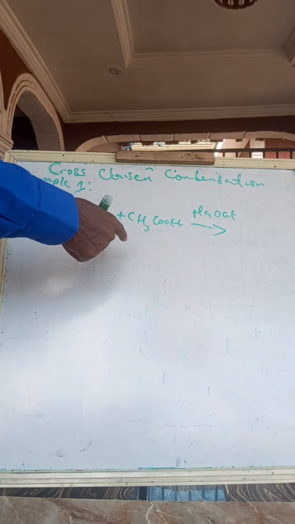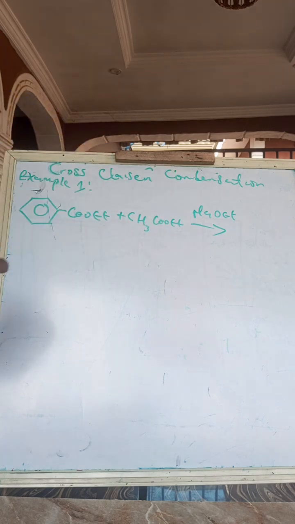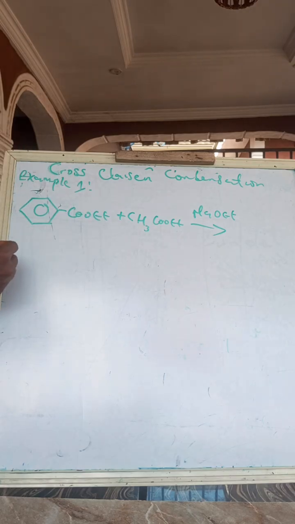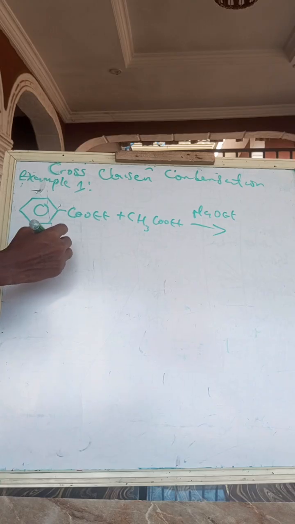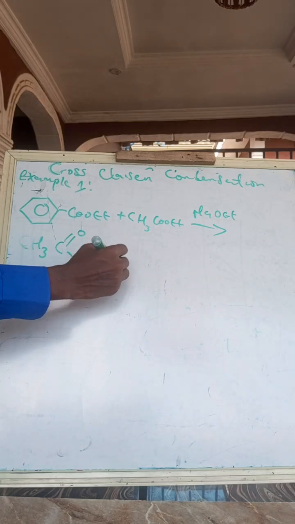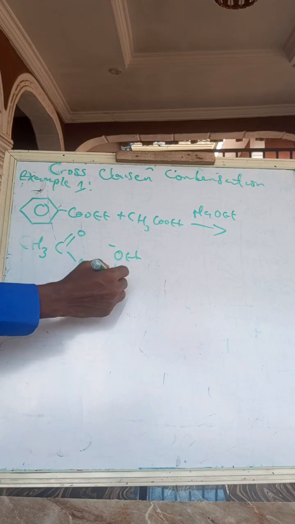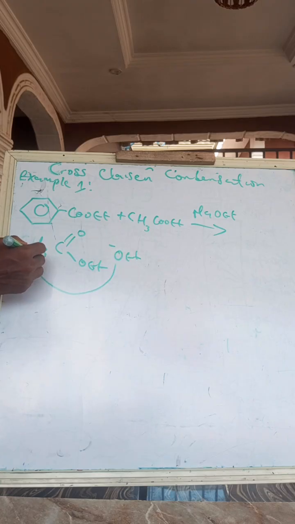So now we need to deprotonate. The first step is to deprotonate. We locate the one with alpha hydrogen and deprotonate to form our enolate. So we have CH3, C. So we introduce our hydroxide, which attacks our alpha hydrogen, forming our enolate.